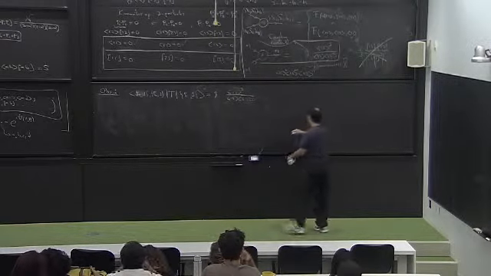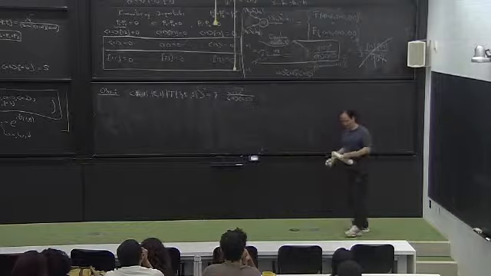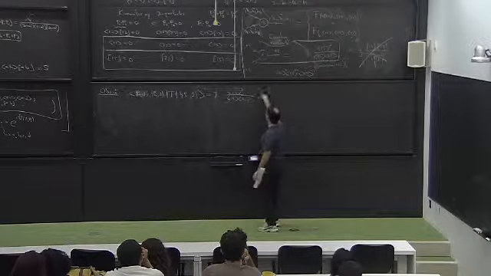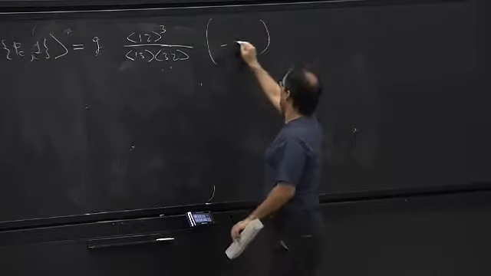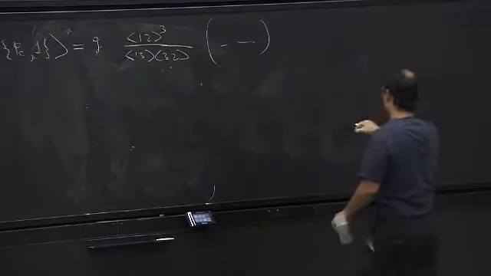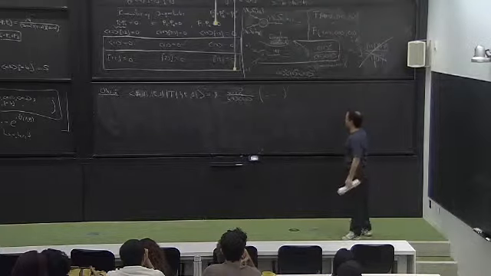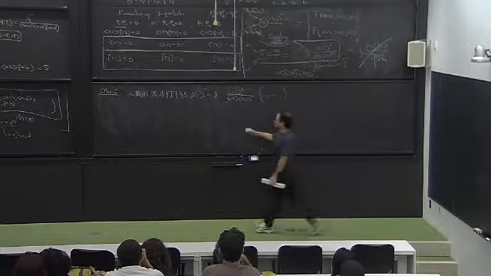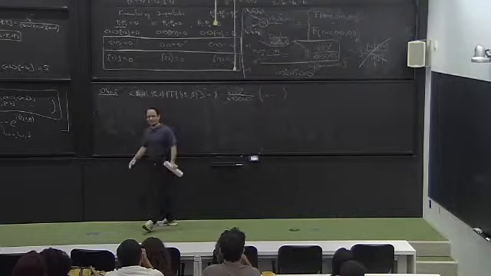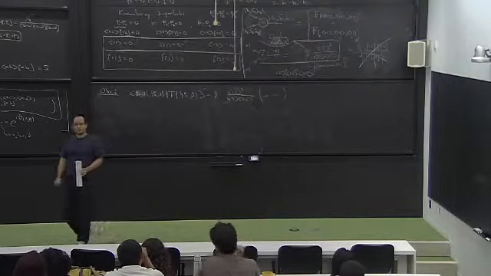Now, can anybody see something wrong with this formula? Well, there must be momentum conservation here, but let's forget about it for the moment. But there is something wrong with this formula. These particles have helicity 1.